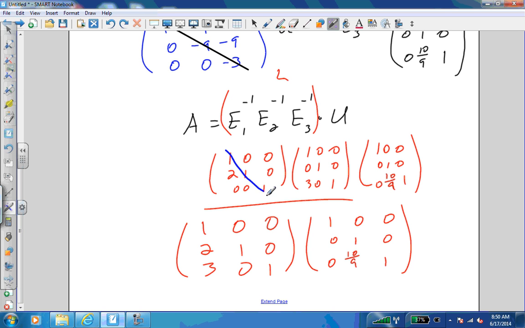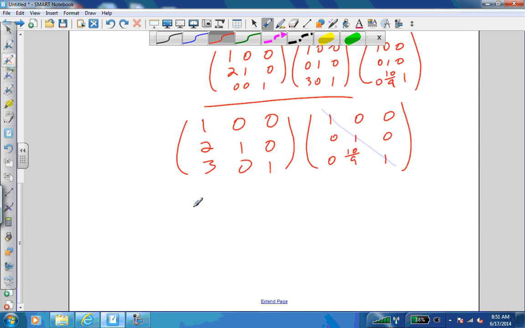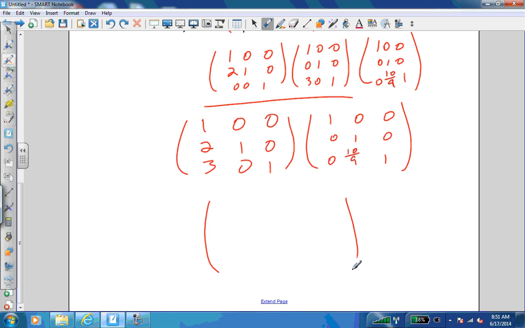Notice this is lower triangular with ones on the diagonal, lower with ones on the diagonal. When we multiply those, we get a lower triangular matrix with ones on the diagonal. We multiply that times this one, we have ones on the diagonal. Both of these are lower, so our result here should be lower triangular with ones on the diagonal.